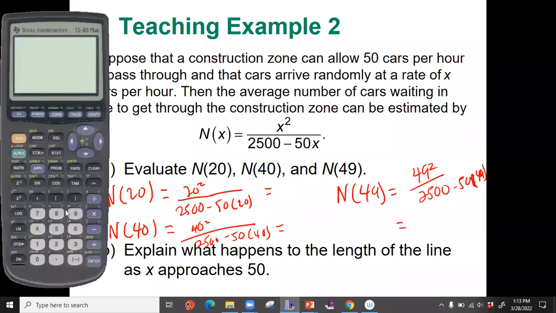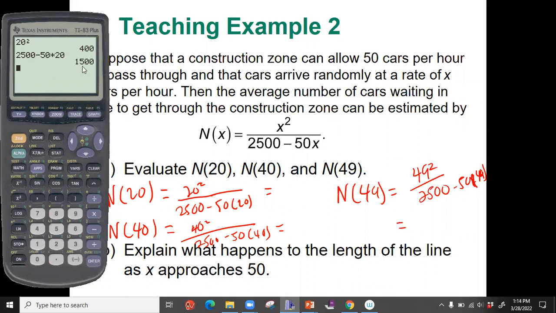So here we have 20 squared. If you're trying to put it in all at once, cool. If not, you do your numerator. You get 20 squared is 400. Then you do your denominator, 2,500 minus 50 times 20, and you get 1,500.